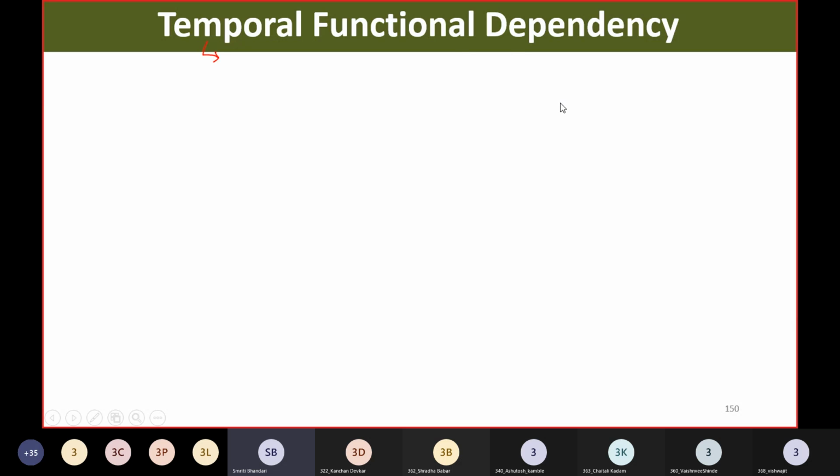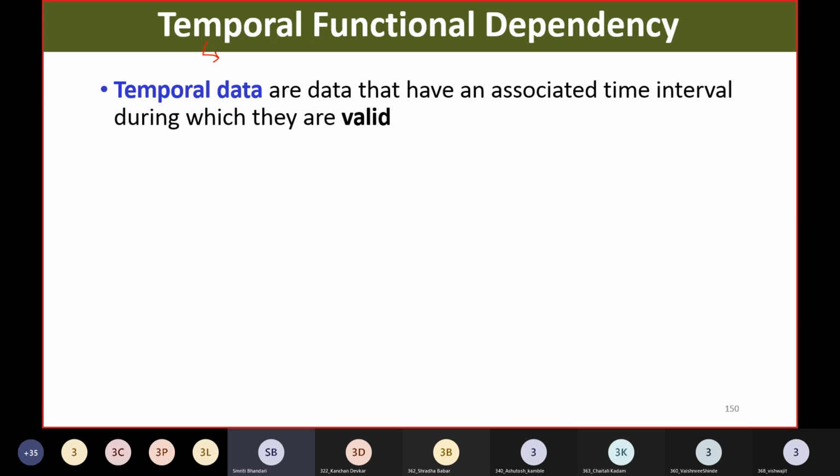What do we mean by temporal functional dependency? Let us first see what is temporal data. Temporal data are data that have an associated time interval during which they are valid. What does this mean? Whenever we are building a database, we go on inserting data into our database management system or database application. Not necessarily all the data is valid at any given point of time.